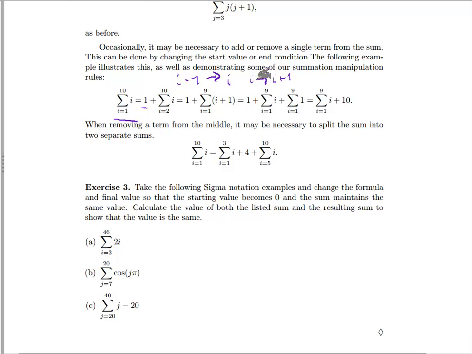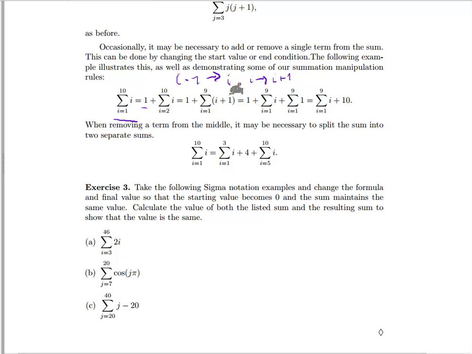Okay, so that means I replace this i with i plus 1. Now, i minus 1 goes to i, so what does i minus 1 start at? It starts at 1 and goes up to 9. So these two terms here are equivalent to these two terms here. Now we know that if you have a summation with two terms inside the sum, you can split the sum up into two parts.